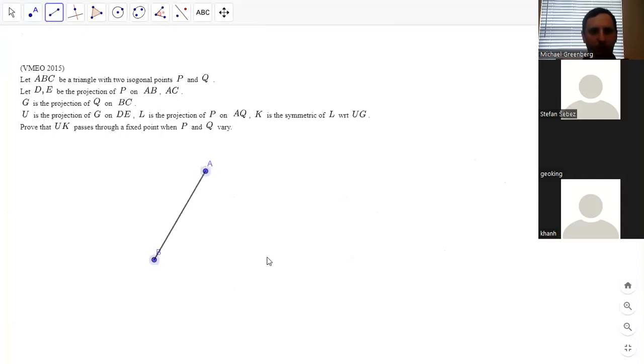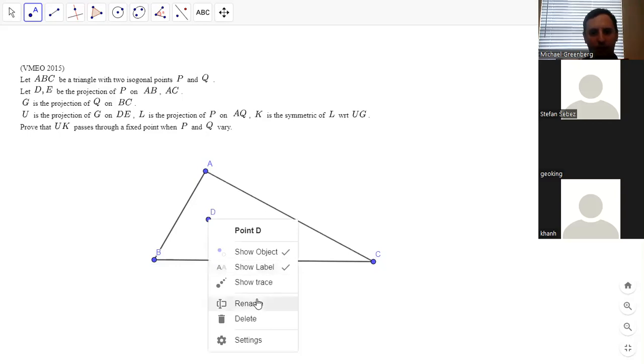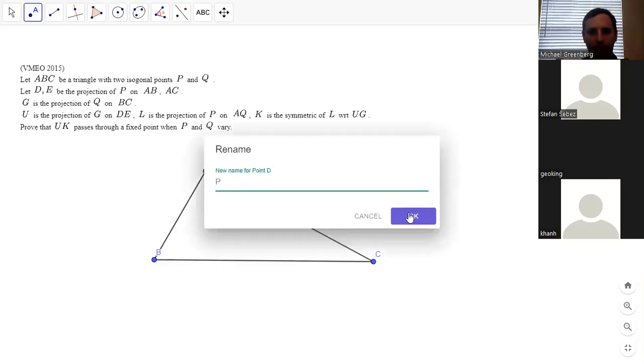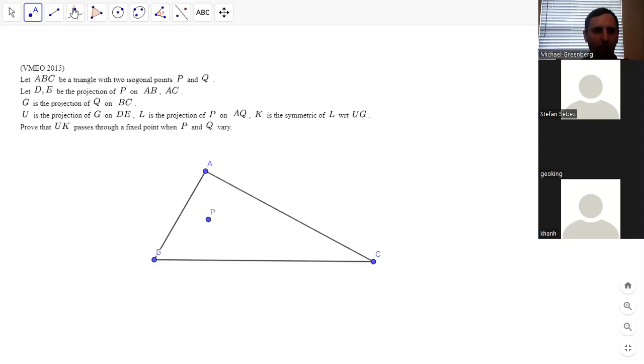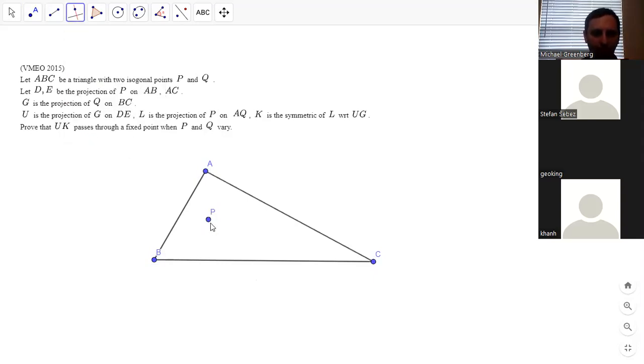So P and Q are isogonal conjugates. So I'm just gonna let P be a point, and then I'm gonna draw the pedal circle. This is usually how I like doing isogonal conjugates. Yeah, I like this definition better.